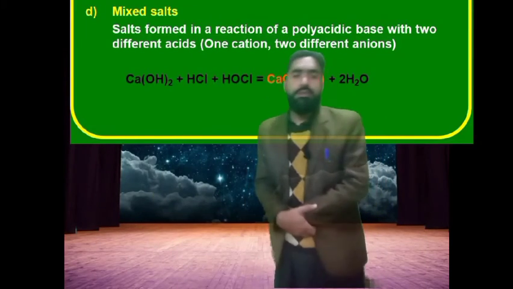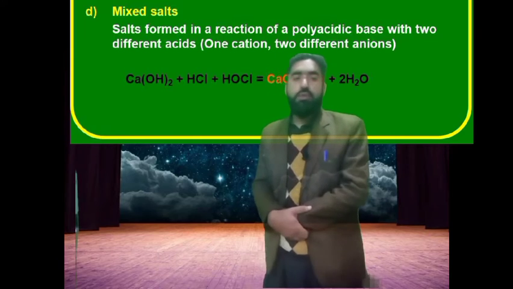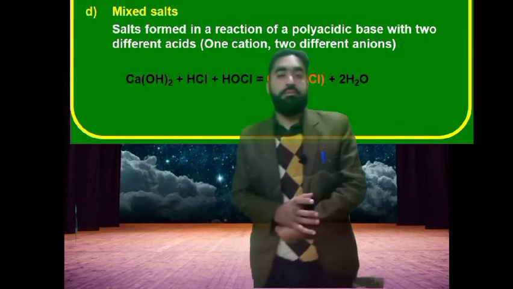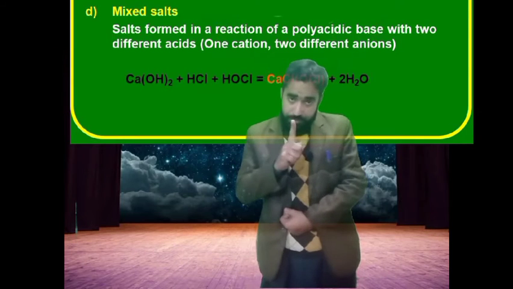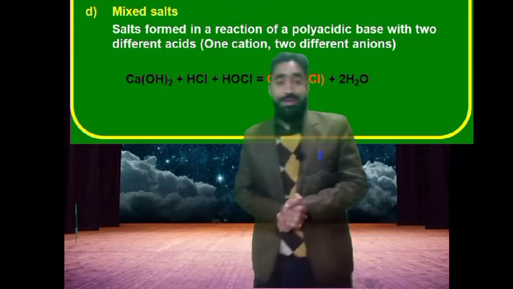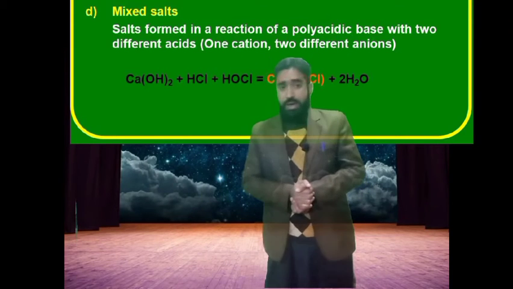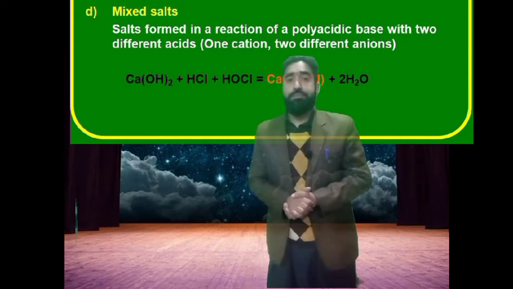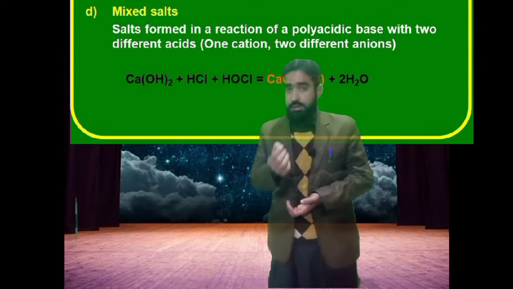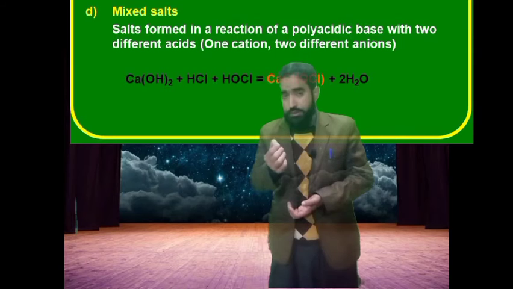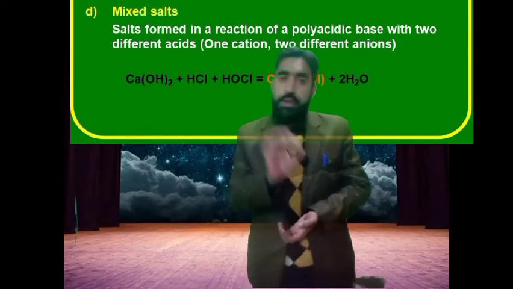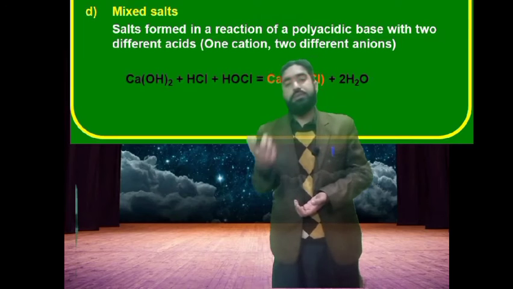Mixed salt. The mixed salt contains more than one acidic or basic radical. These salts have either two positive and one negative ion, or two negative and one positive ion.